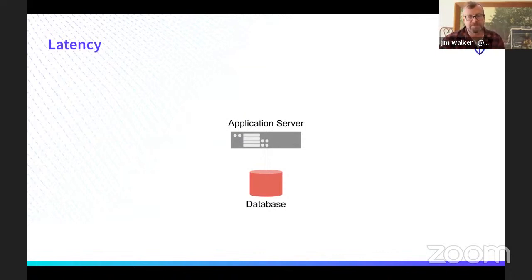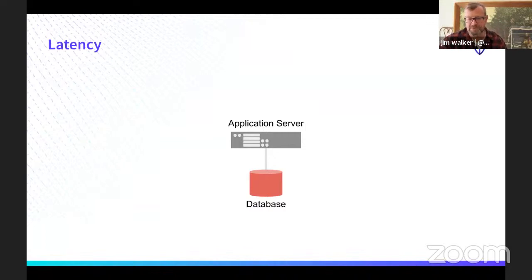But the latency here, well, the app server was sitting right next to the database server, or often it was on the same machine. And so latency became the speed of the motherboard, or the speed of the bus. But then, latencies are no joke, because the speed of light is unavoidable.